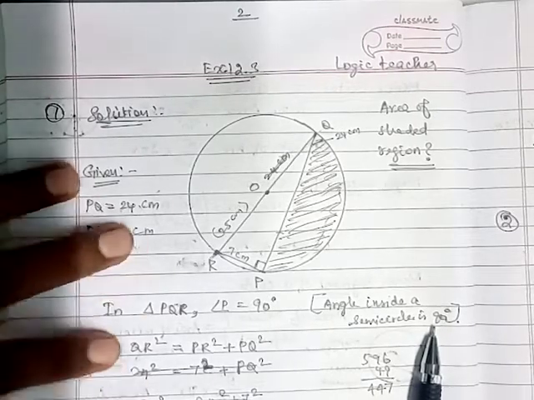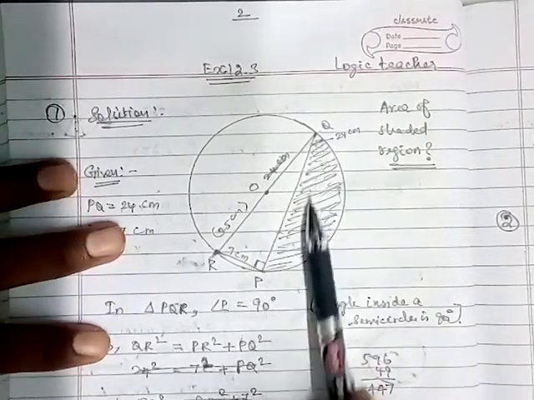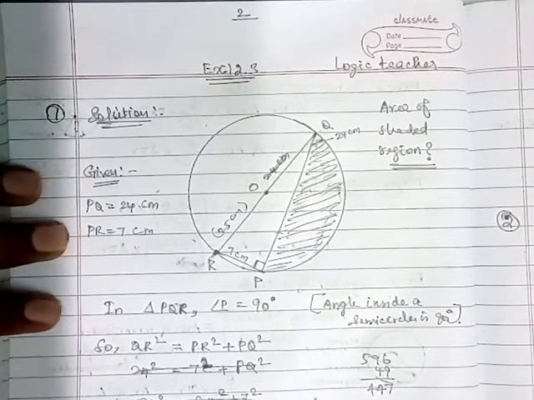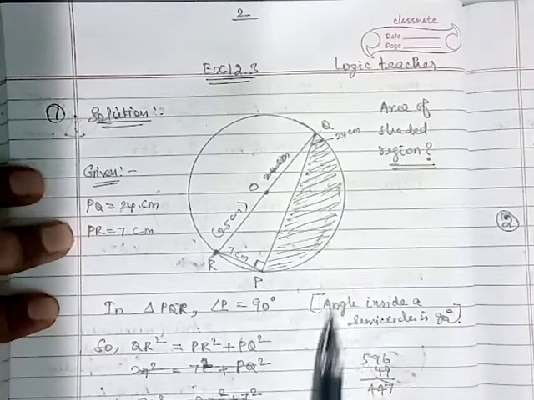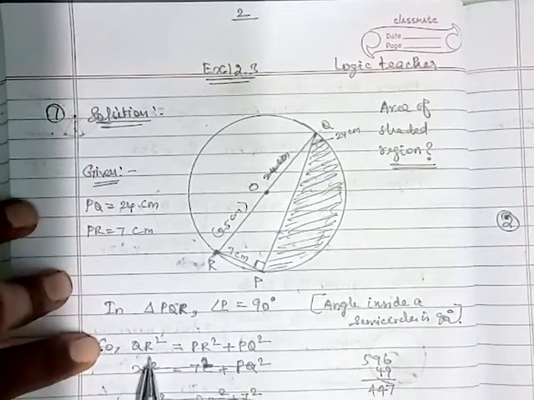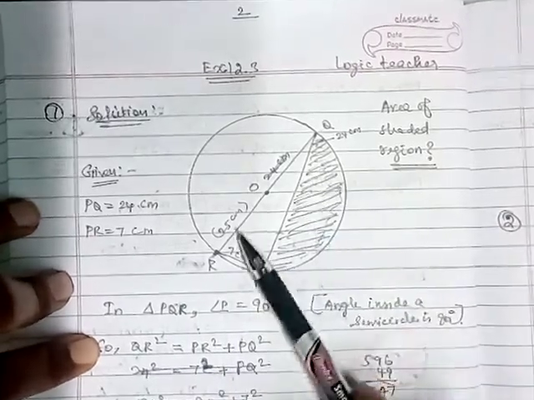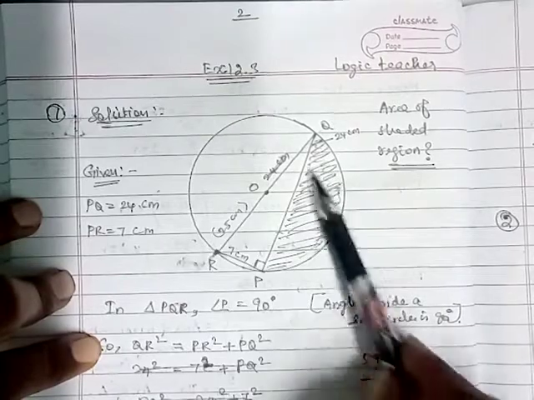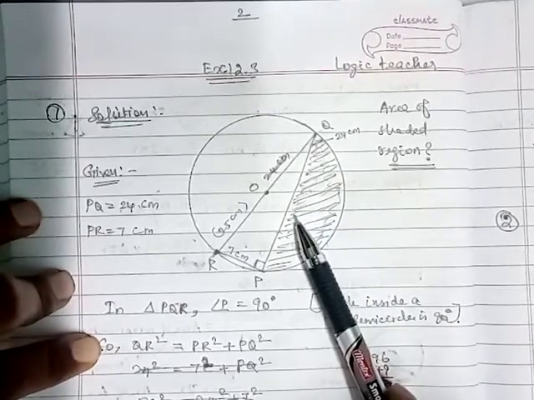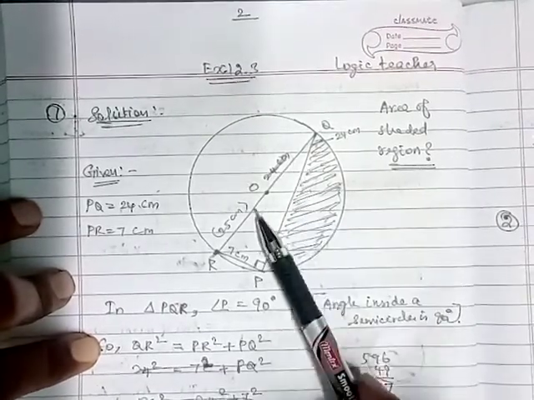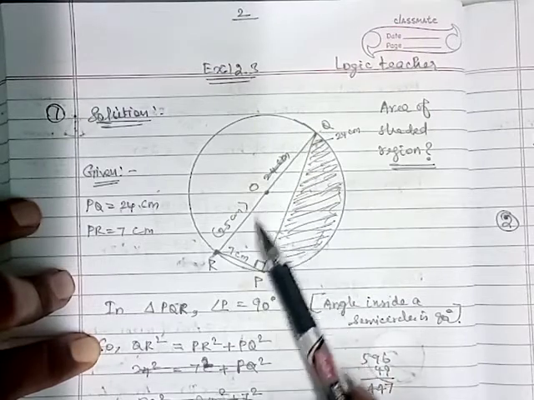If you take any point on the arc, the angle will be 90 degree. So we have to find out this diameter to find the value of this semicircle. If you find the diameter, you can get the radius.